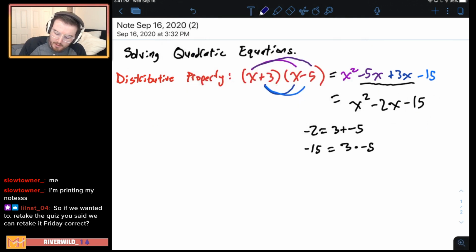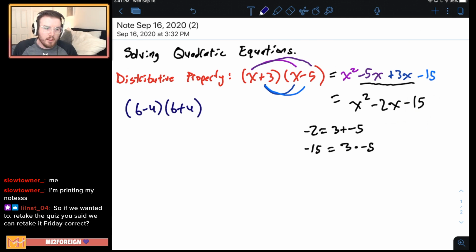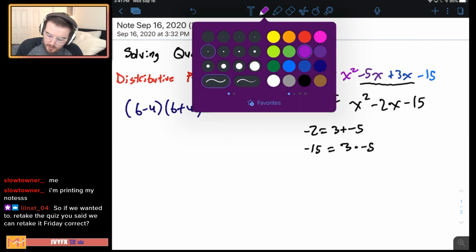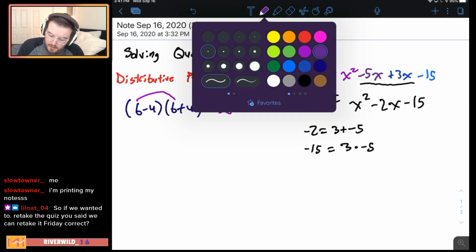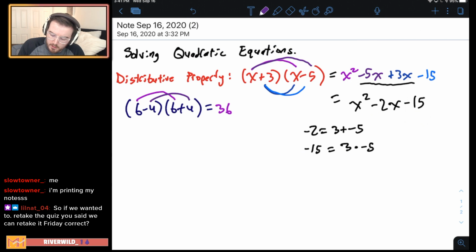Let's look at another example of the distributive property. There's nothing special about x. I can use u or y or z. Let's take a look at this one here. 6 times 6 is 36. I should go in the same order I did last time, right? 6 times u is 6u. Negative u times 6 is negative 6u.